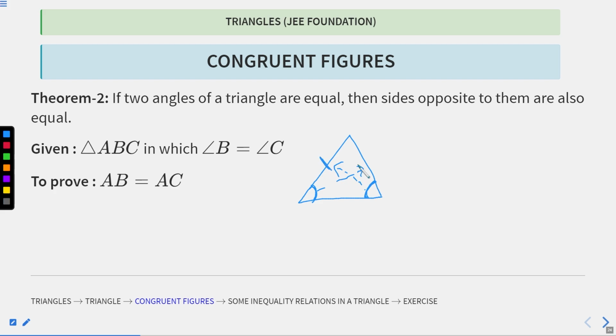What is given here is that in triangle ABC, angle B is equal to angle C, and we need to prove that AB is equal to AC.